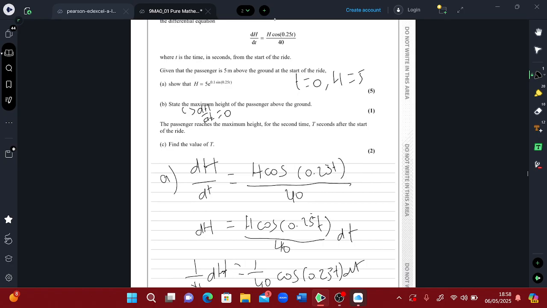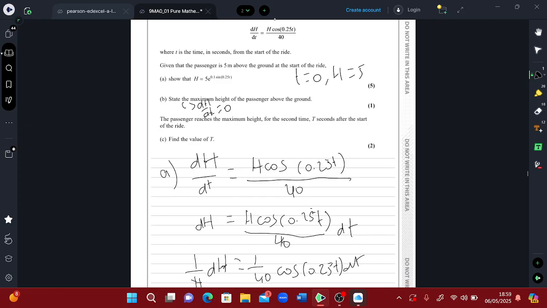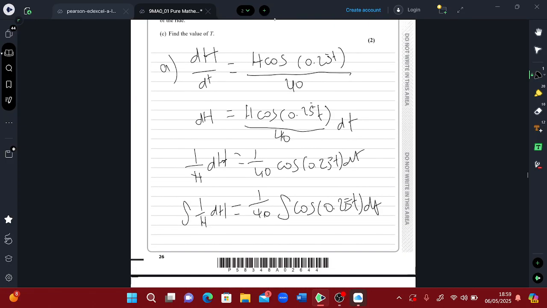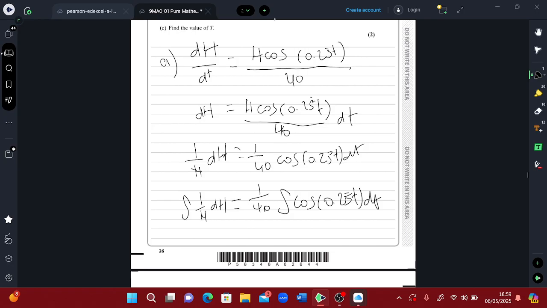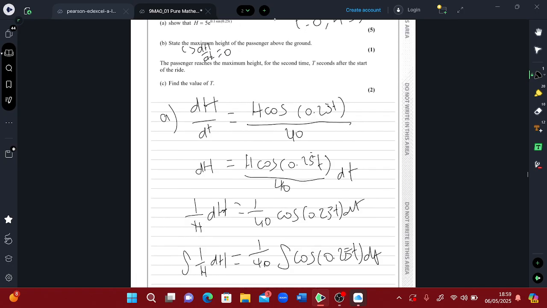So then it says the passenger reaches the maximum height, which we worked out to be 5.5 something, for the second time after the start of the ride. So find the value of t.